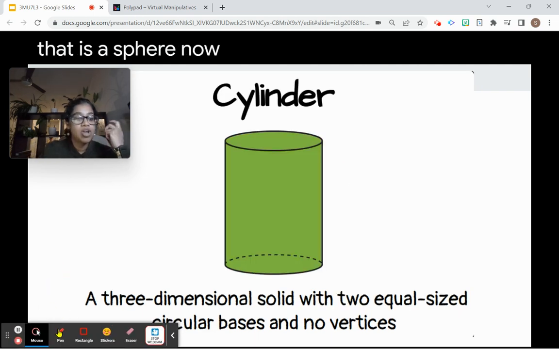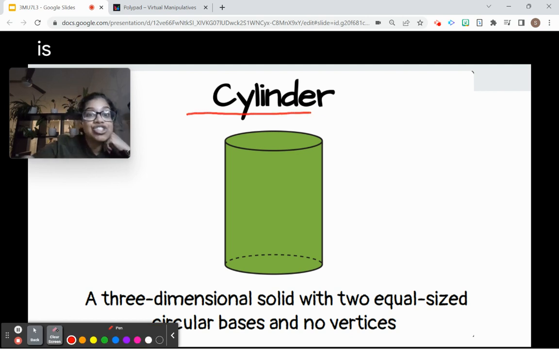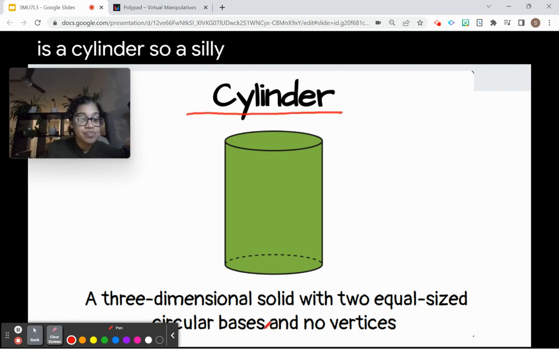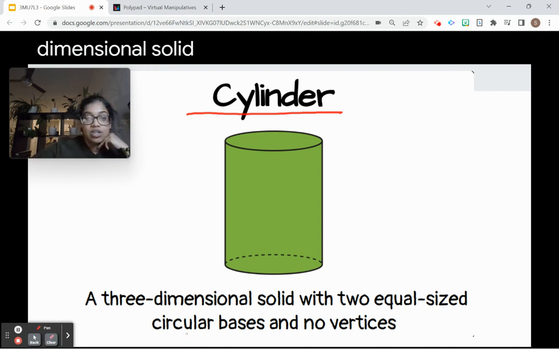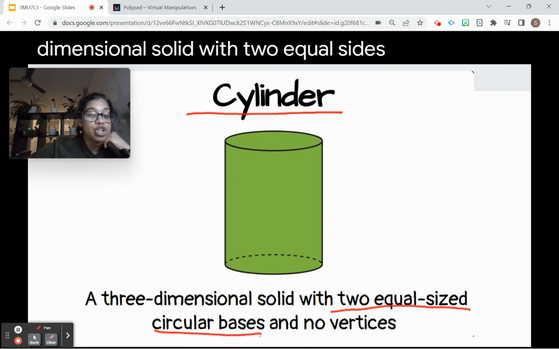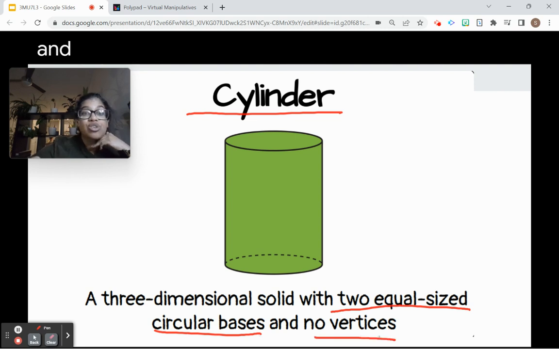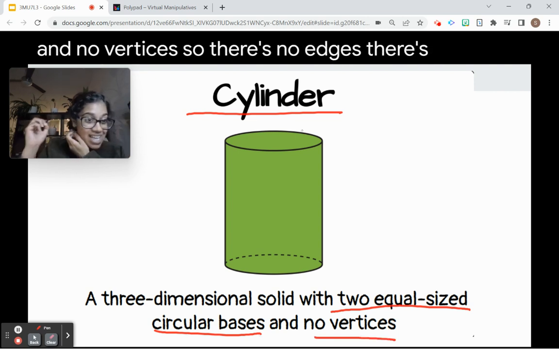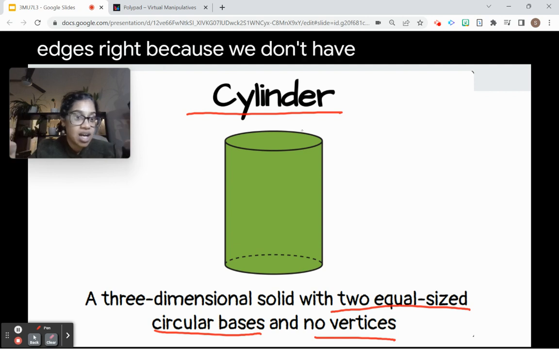Now let's go ahead and go into what is a cylinder. So a cylinder is a 3-dimensional solid with 2 equal sized circular bases and no vertices. So there's no pointy edges, right? Because we don't have any faces, or I'm sorry, we actually do have edges.